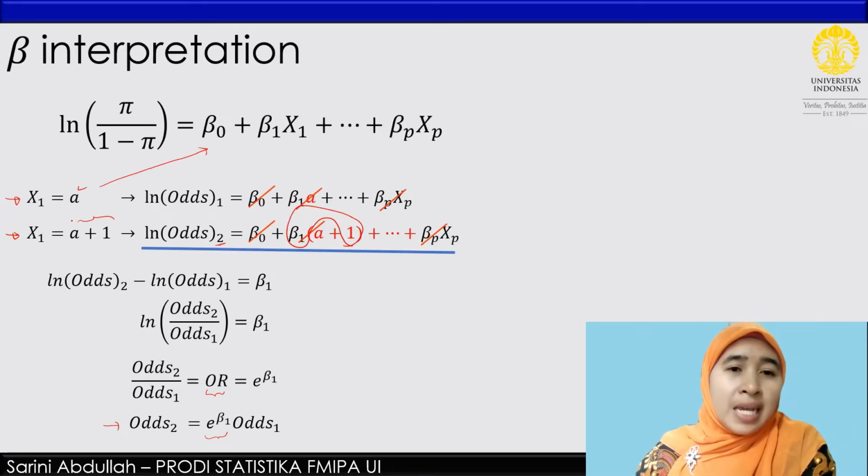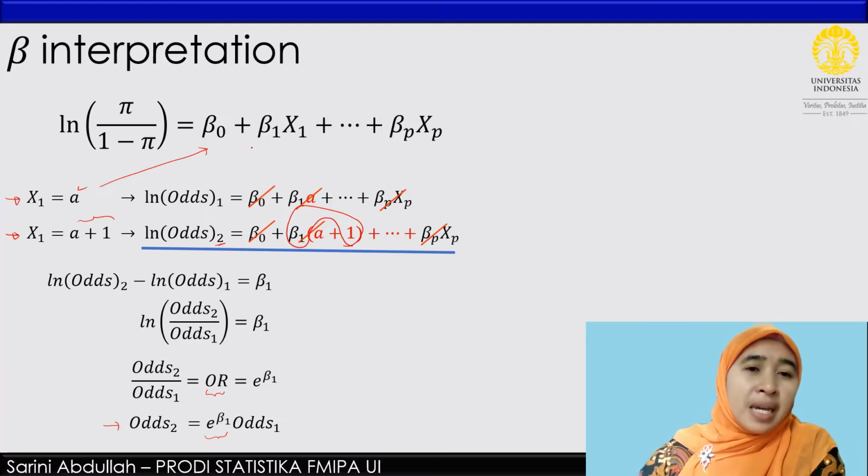Instead of saying that beta 1 is the increment if beta 1 is positive, or the decrement if beta 1 is negative, we could say it is the change in the value of the logarithm of odds when x1 is increased by 1 unit.